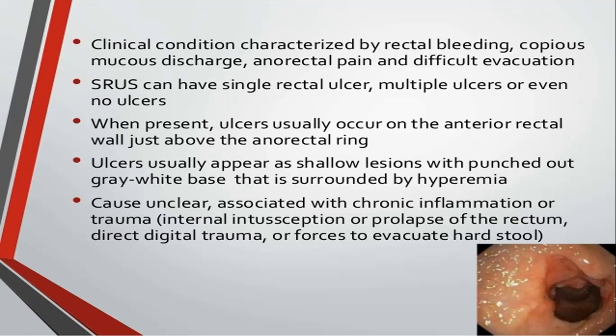How does the ulcer appear? It's a shallow lesion with a punched out gray-white base, surrounded by hyperemia. The cause is unclear.